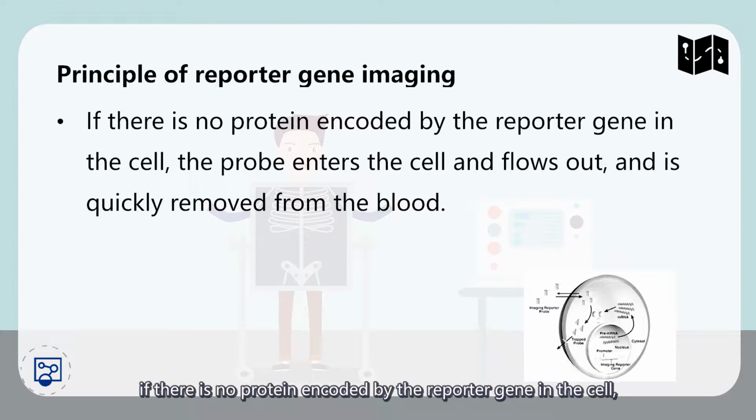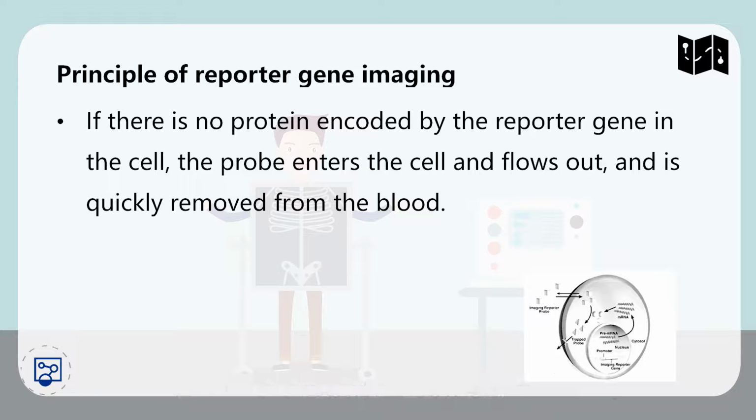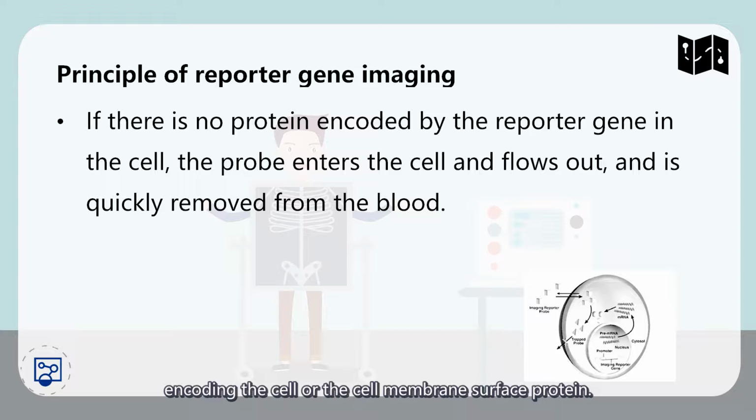If there is no protein encoded by the reporter gene in the cell, the probe enters the cell and falls out, and is quickly removed from the blood. The reporter gene can express protein encoding the cell or the cell membrane surface protein. Different reporter genes can be studied by different promoters.